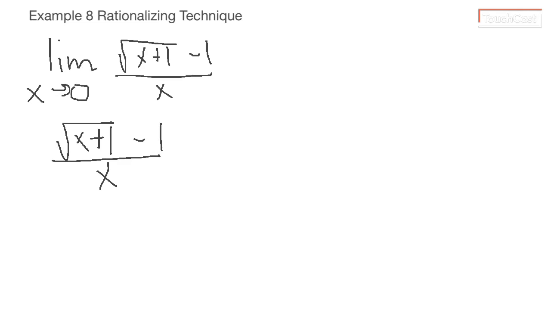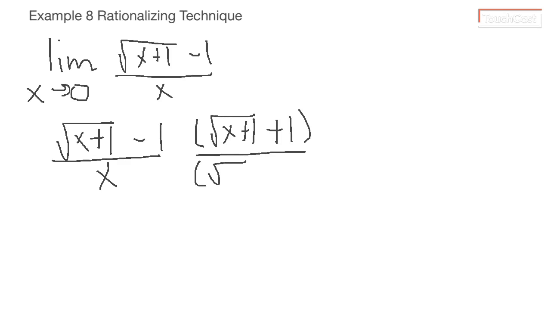As a review, conjugate just means we're taking a radical expression and changing it. We're going to change the square root of x plus 1 minus 1, and multiply that whole expression by the square root of x plus 1, and this time instead of minus 1, we're going to change the minus to a plus. We're going to do that in both the numerator and the denominator.